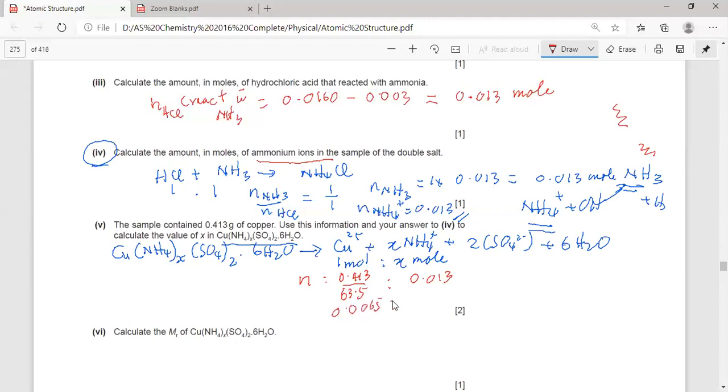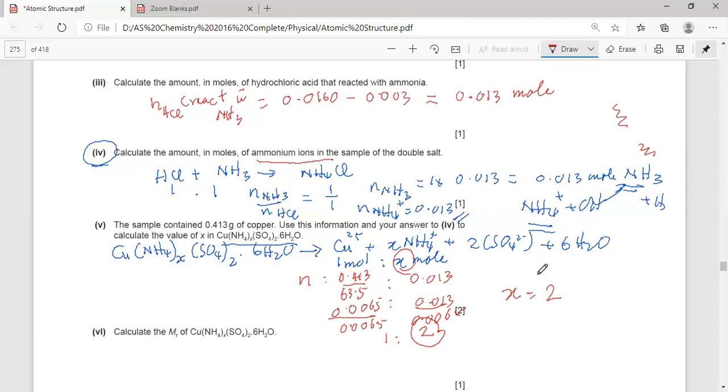I did it ahead of time. This is 0.013. So the mole ratio, divide this by 0.0065, how much is it? 1:2. So X is equal to 2.